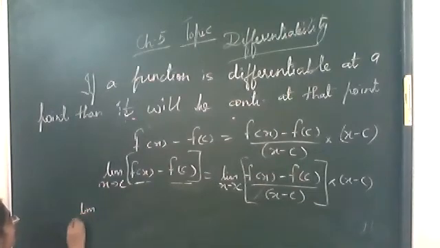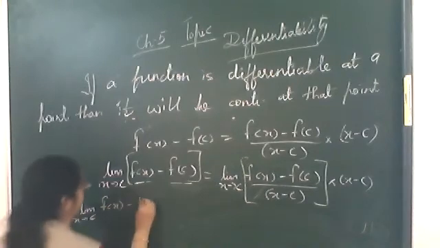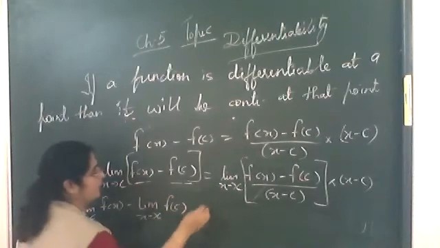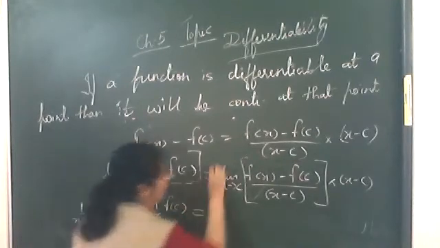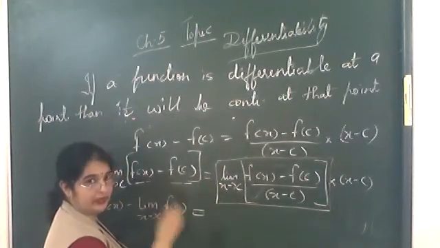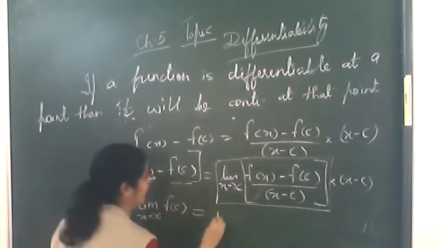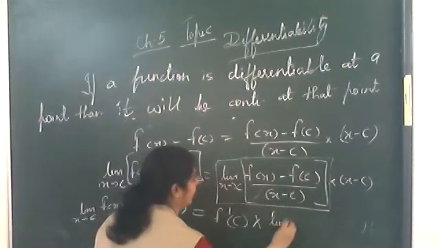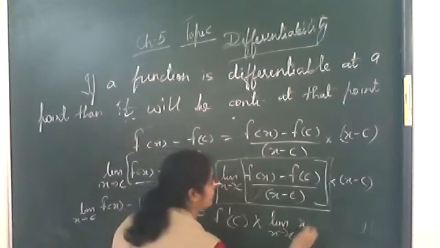Limit x tending to c, f(x) minus limit x tending to c, f(c) is equal to, now what is this value? Just now we have done the first, second thing. It is f dash c into limit x tending to c, (x minus c).